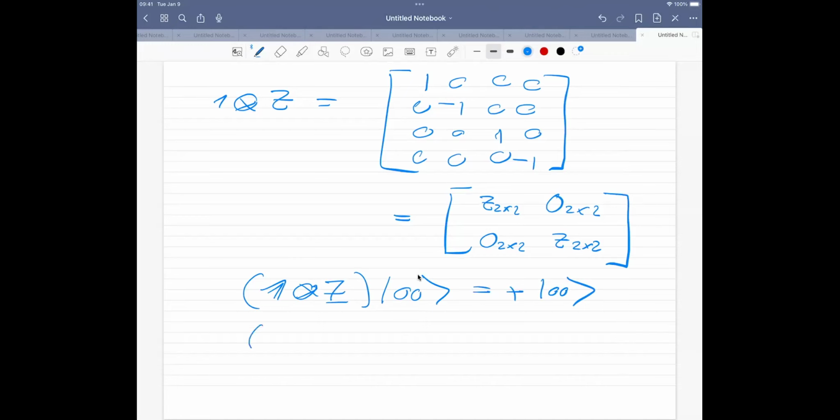But if I make a measurement on qubit 1 changed to state 1, what I get is plus 1, 0. And that is wrong, because when I'm acting with a Pauli Z matrix on qubit 1, I should get -1. So this is not correct.